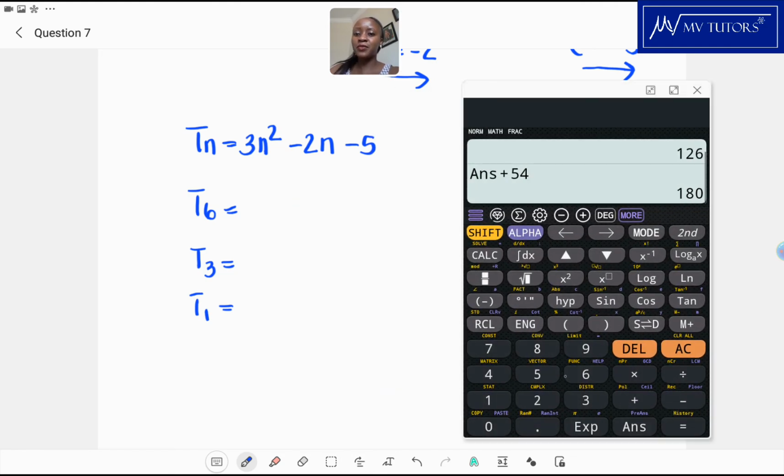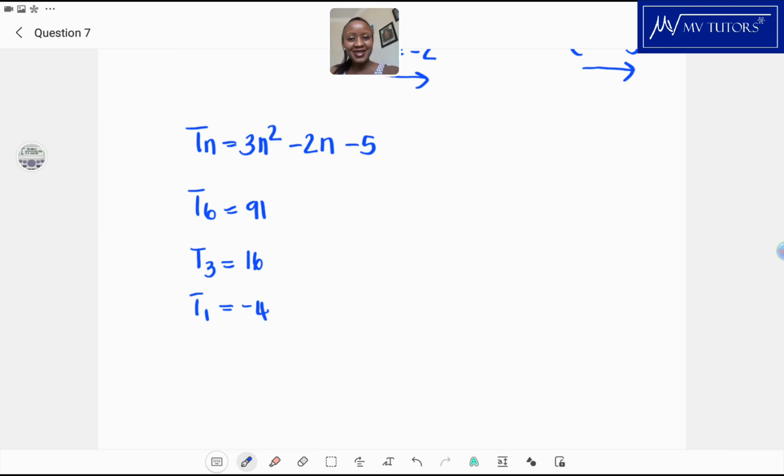So I have 3n squared minus 2n minus 5. Yes, T6 is 91. If I put in a 3 there, what do I get? 16. Yay, and if I put 1, minus 4. So yeah, guys, our formula works, and this concludes this question.